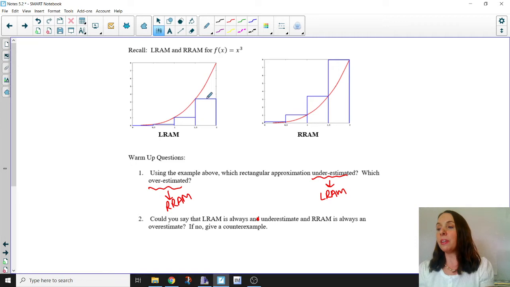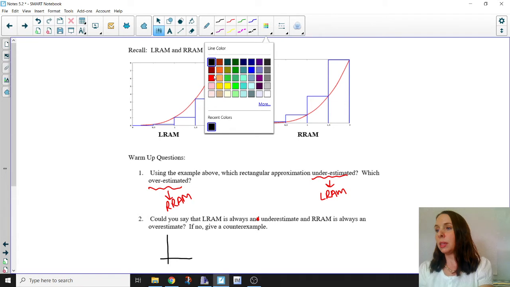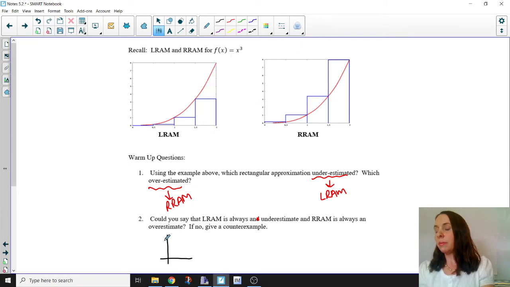But if we had a function that was decreasing, like this, the concavity actually doesn't matter whether it's concave down or concave up.